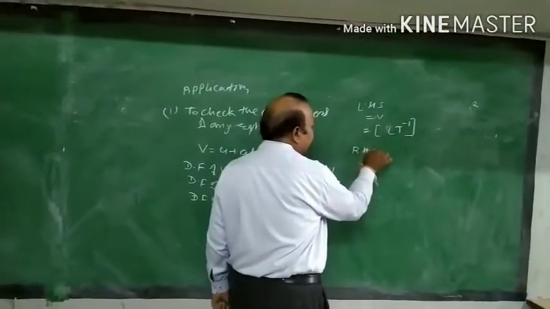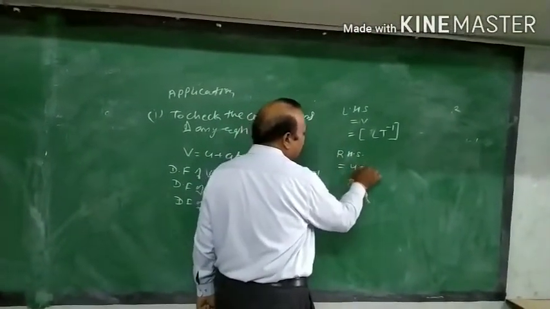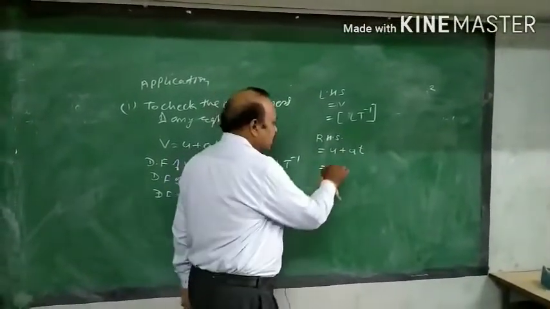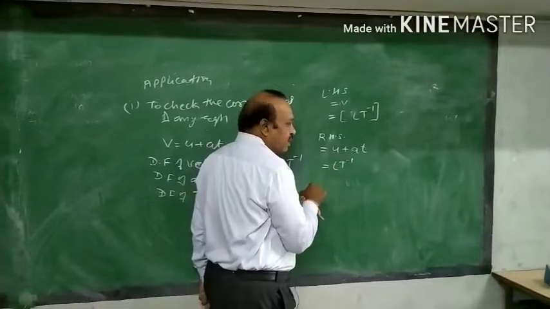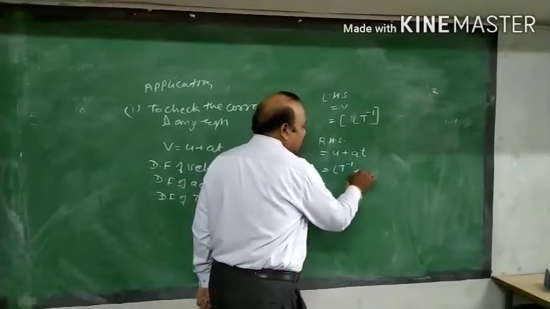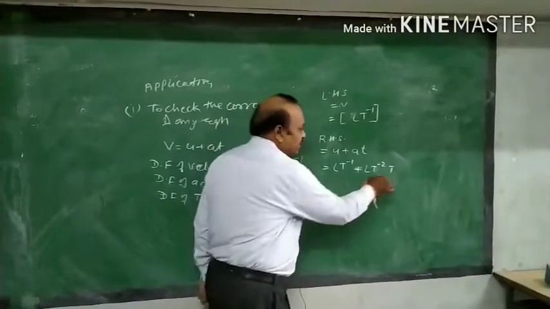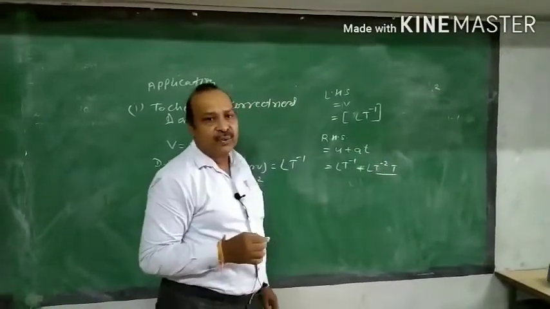Again we take the right hand side. The right hand side is U plus AT. U is the velocity, its dimension formula is L T to the power minus 1. Acceleration is L T to the power minus 2, and time is T. Here the bases are the same, so powers should be added.